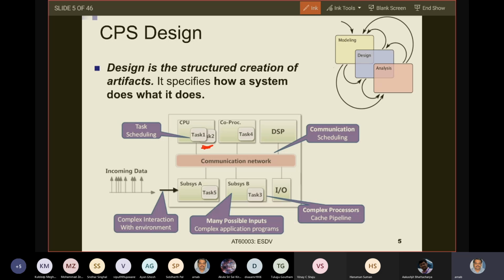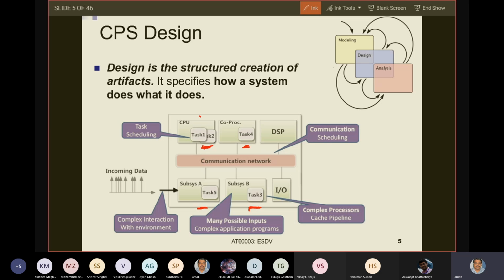Task 3 is implemented as a custom hardware unit. Task 5 is also implemented as a custom hardware unit. Task 4 is implemented on a co-processor, say a GPU, according to what its functionalities are and where it executes best. So this is the first structured artifact that you got: the general purpose processor, co-processor, these subsystems.